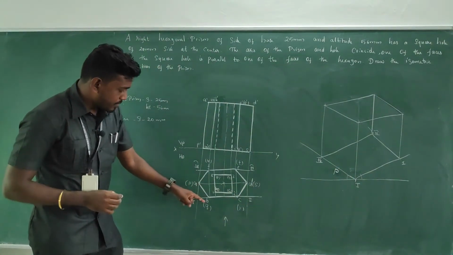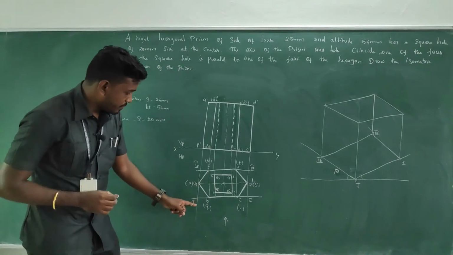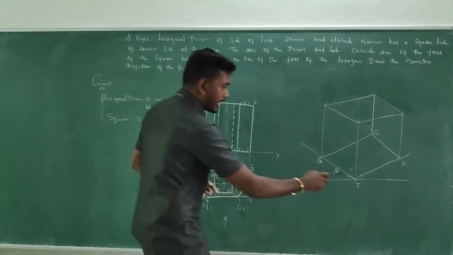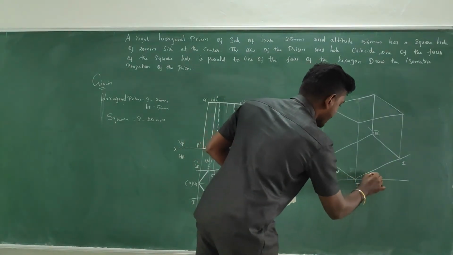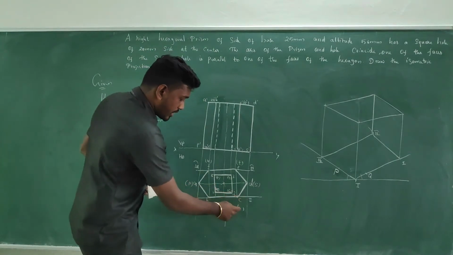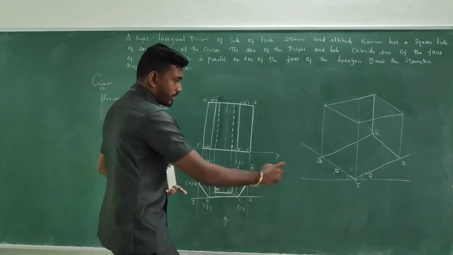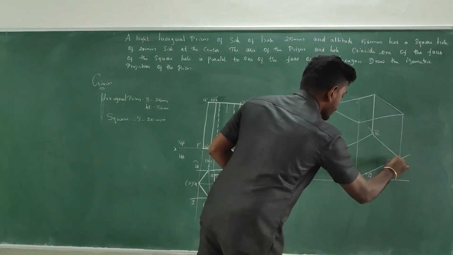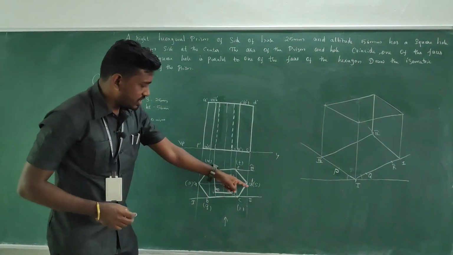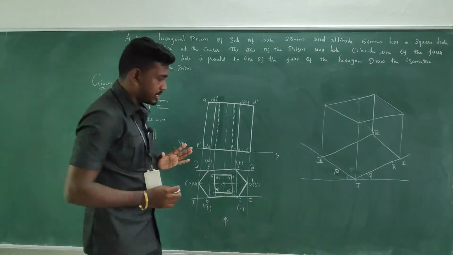And then where is Q? Between 1 and 2. Take the measurement in your compass from 1 and convey it, so you will get Q. R, where is it? From 2, just convey it so that you get R. Where is S? Between 1 and 3.